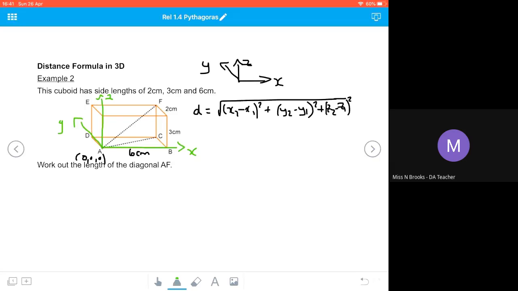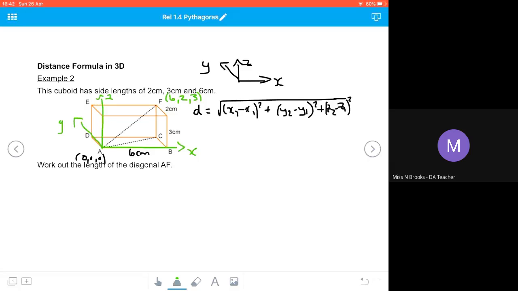So to get to F, I'm going 6 units along my x-axis. I'm then going 2 units back for my y-axis, and then I'm going 3 units up for my z-axis. So the point F is going to be 6, 2, 3.